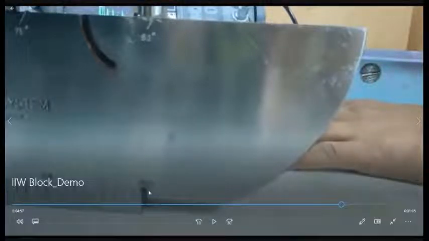Okay, and let us try and see whether this transducer is showing up these 3 distinct echoes that you would get, one from this edge of the notch, one from the base of the notch, and another from the other side. Okay. If you get these 3 distinctly, then it will tell you that the resolution of the transducer is good.